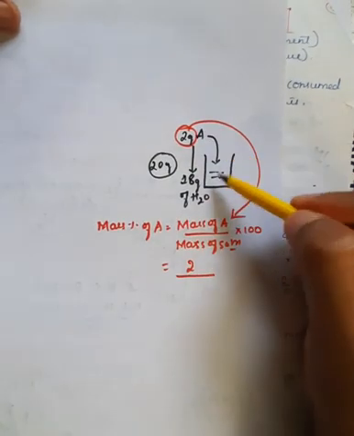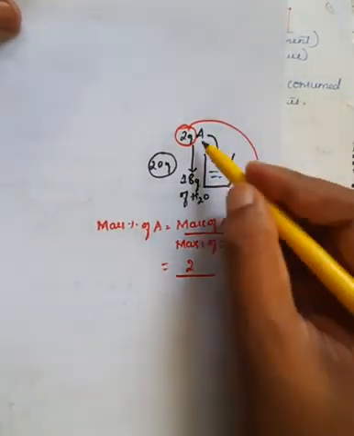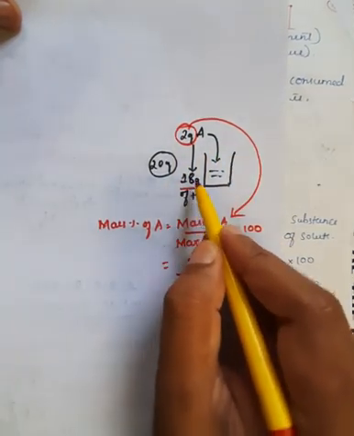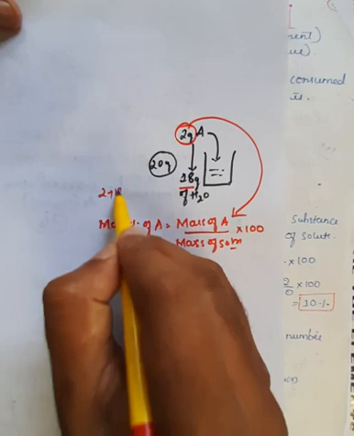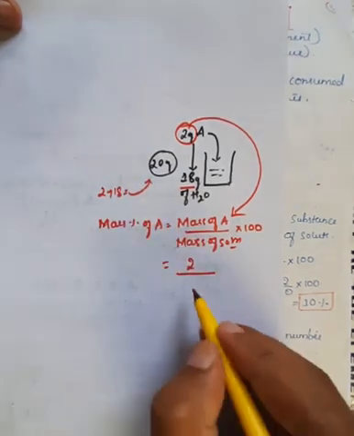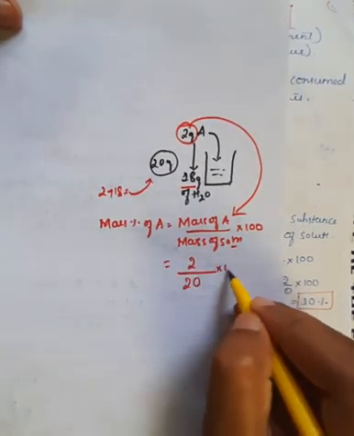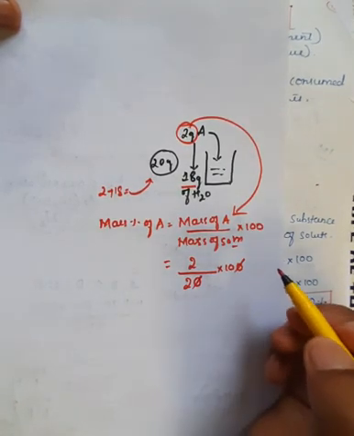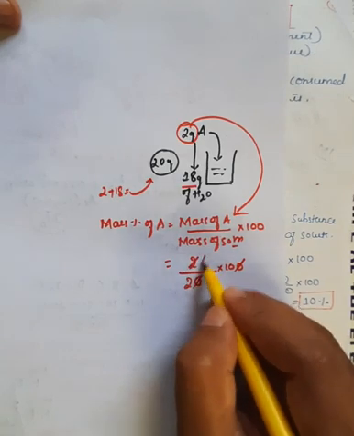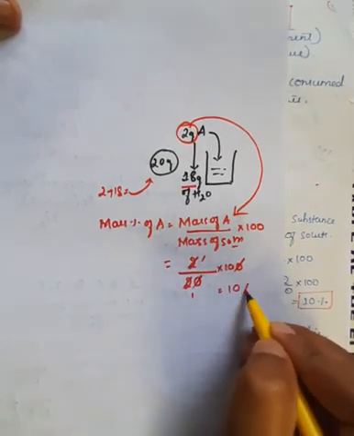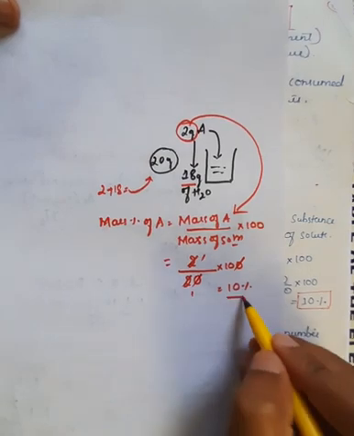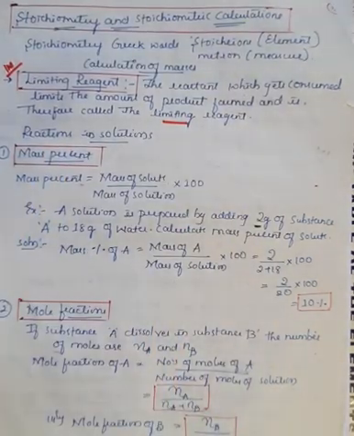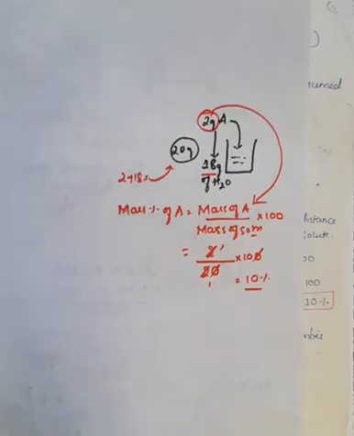Solution means solute plus solvent, that is A plus H2O. The value of A is 2 and H2O is 18, so 2 plus 18 is 20 grams. Therefore I divide by 20 grams into 100. The zeros cancel each other, and that is equal to 10%. Like this we can calculate the mass percentage of any substance in a given compound.